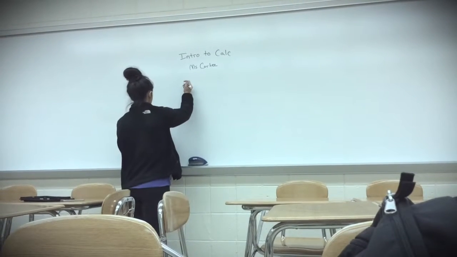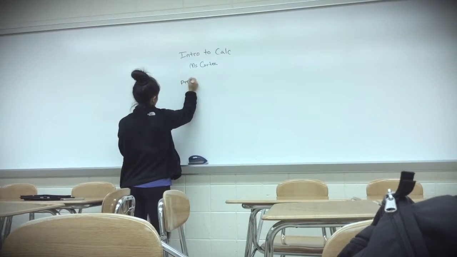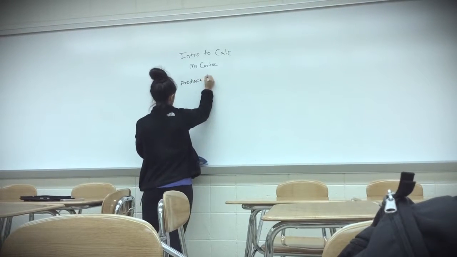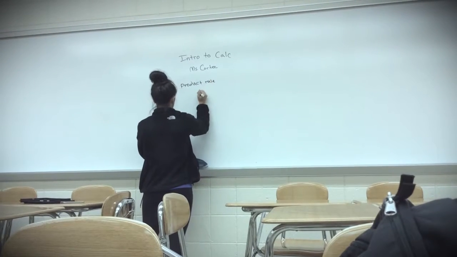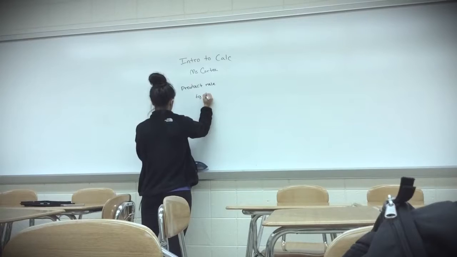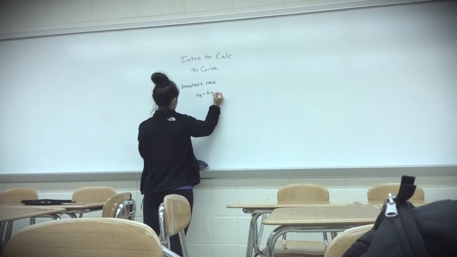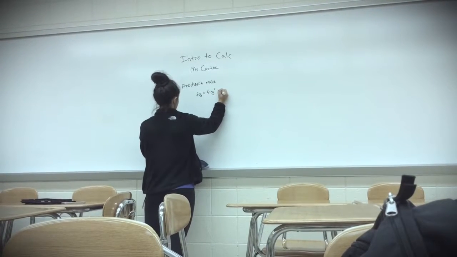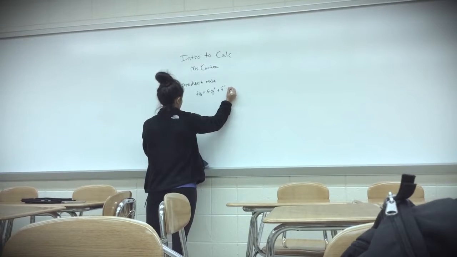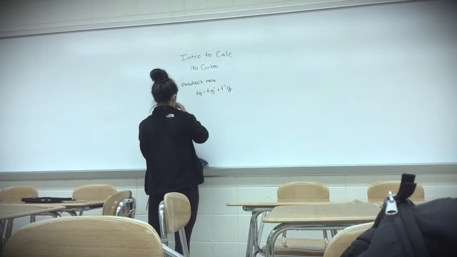The general form of the product rule is the derivative of f times g equals f times the derivative of g plus the derivative of f times g.